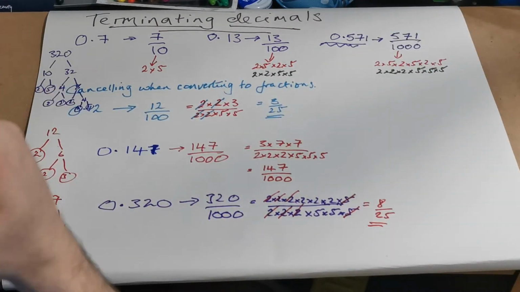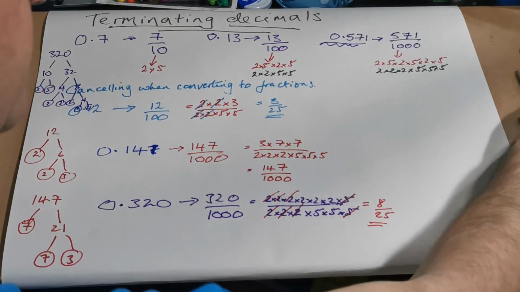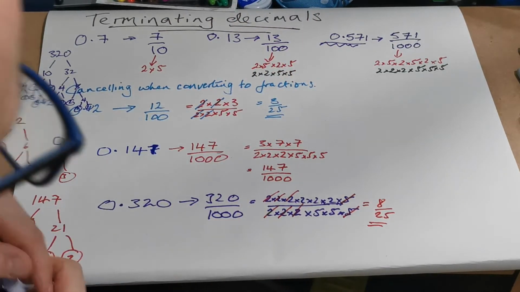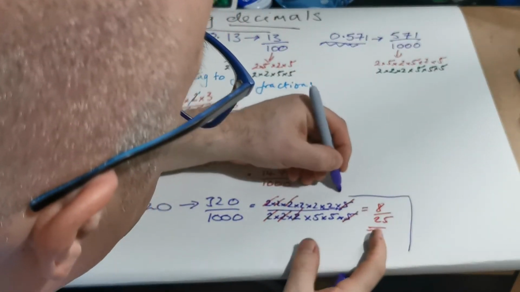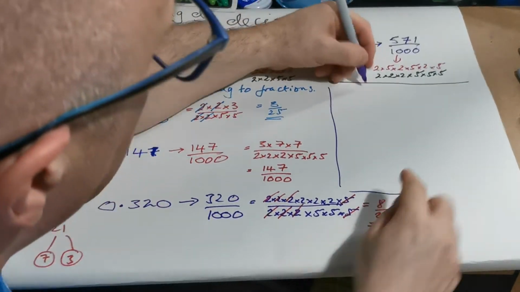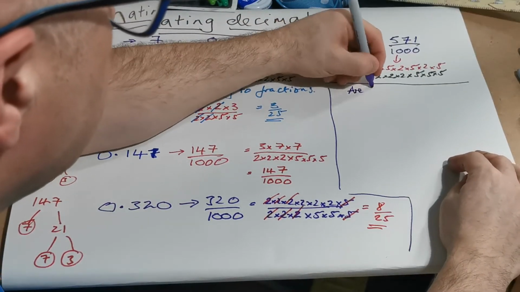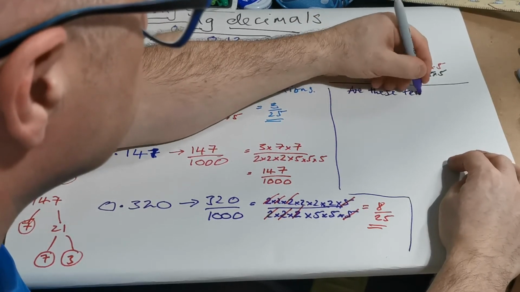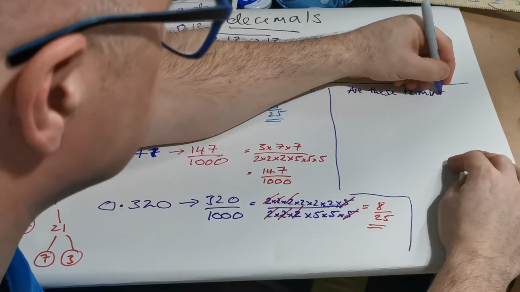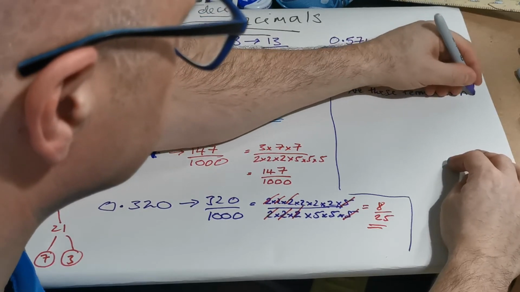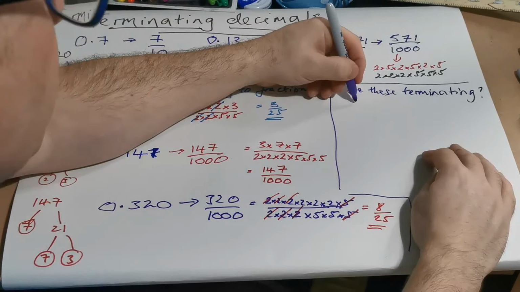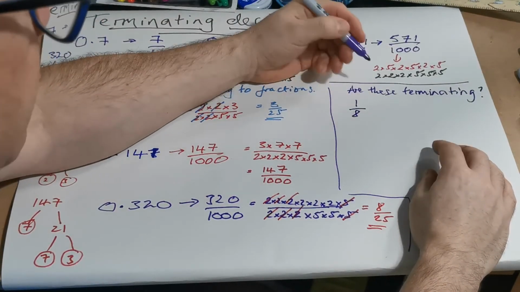Now, in order for a decimal to be terminating, if we were to look at fractions, so if we've got 1/8, is that terminating?